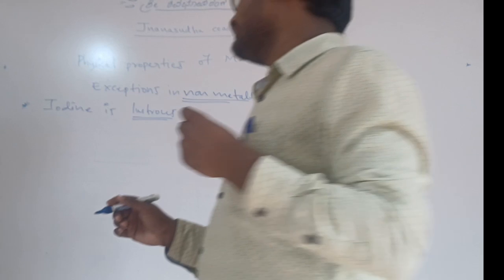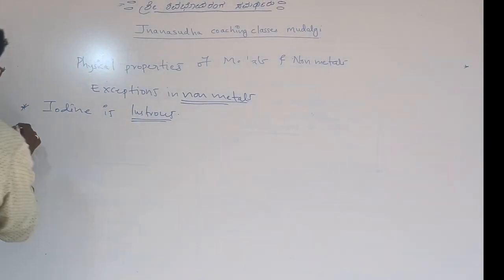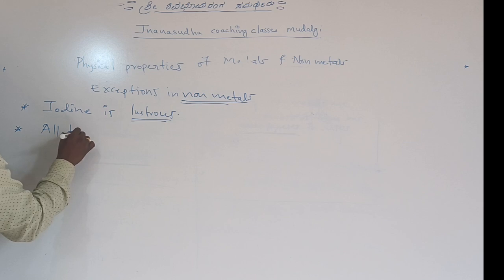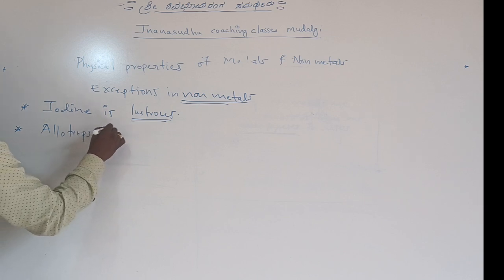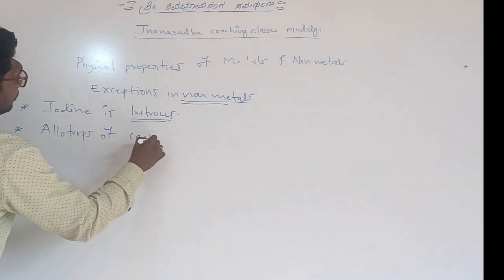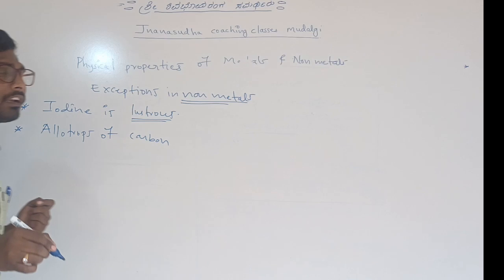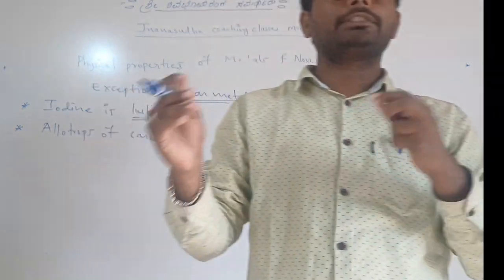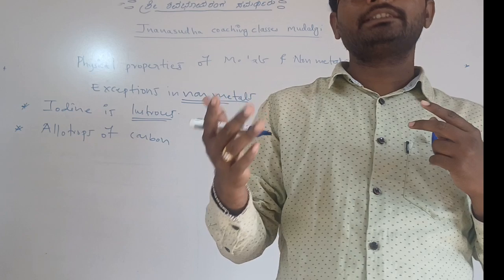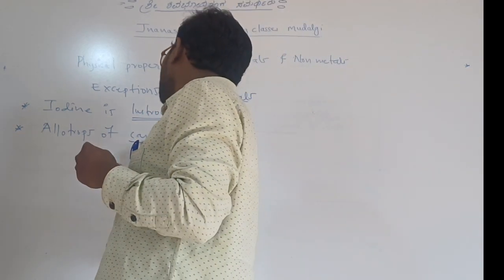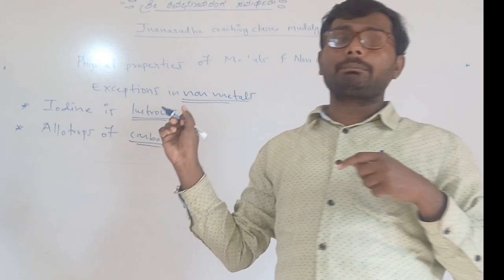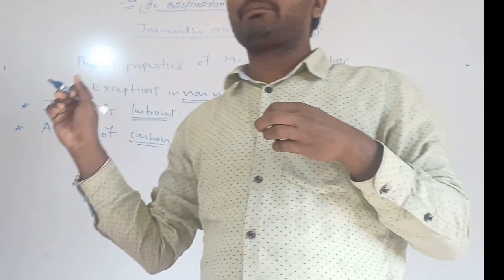Yes, second one is allotropes of carbon. What is the meaning of allotropes? The same element, carbon, exists in two forms: diamond, which is made up of carbon, and graphite, which is also made up of carbon.